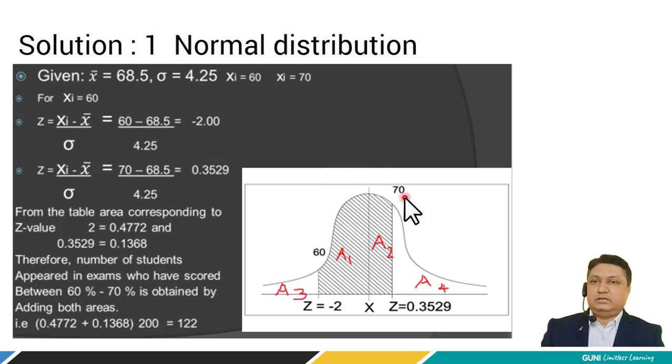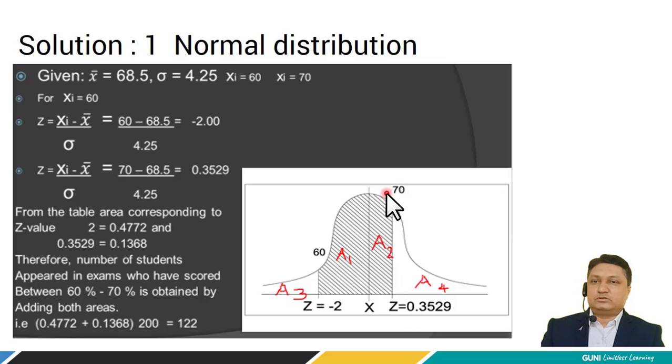First of all, in this graph we mark the middle line and mark the z value. Z is equal to minus 2, to the left of this vertical line. Then after calculating the z value for xi equal to 70, putting xi equal to 70, we get 70 minus 68.5 divided by 4.25, and we get the positive value of z as 0.3529.